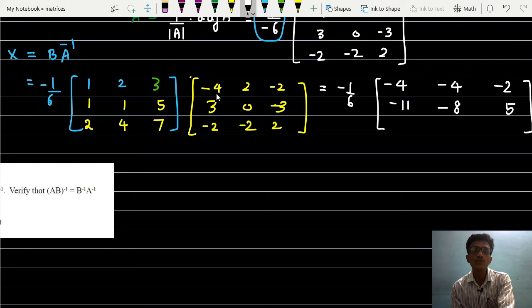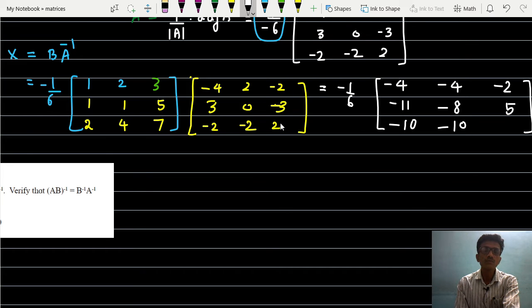Third row into first column: -8 plus 12, that is 4, and -14, it's -10. Third row into second column: that is 4 or -14, -10.